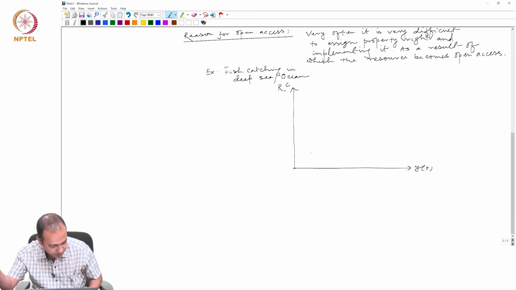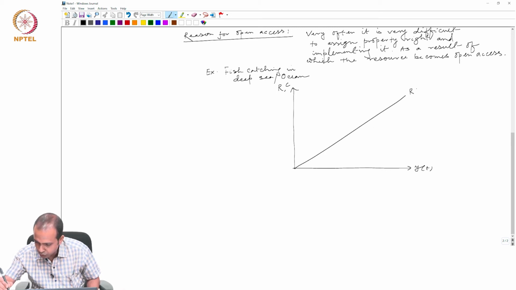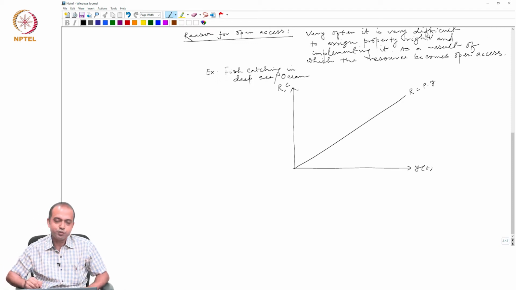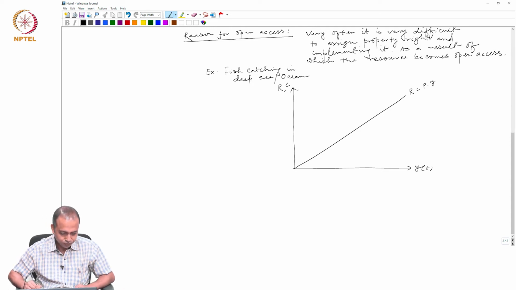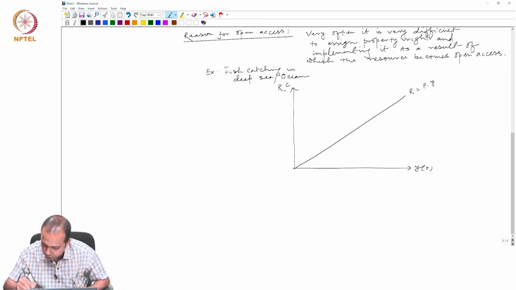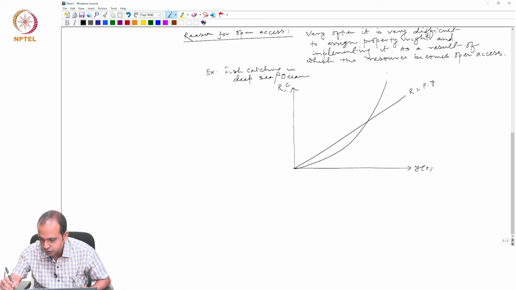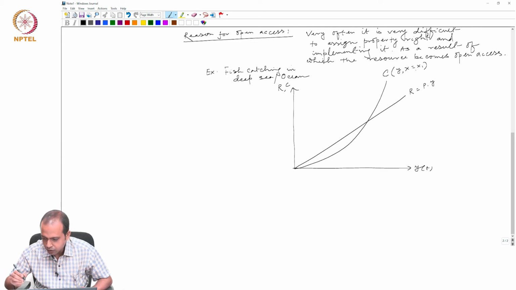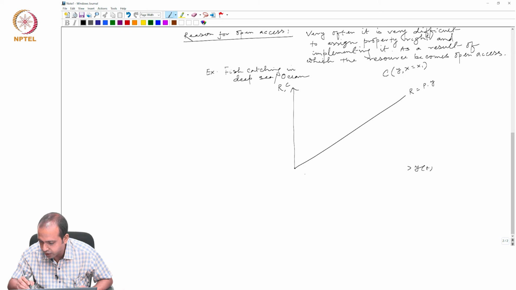This is the revenue curve, which equals P into Y, price multiplied by the rate of extraction. Then we also have a catch locus, which is given by Y and a particular stock, let us say x equals x1.